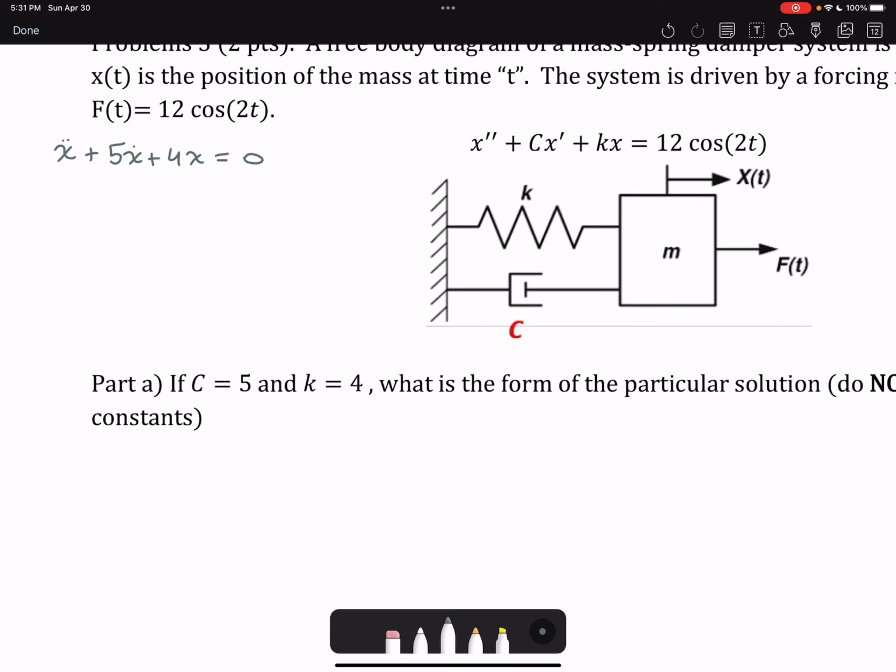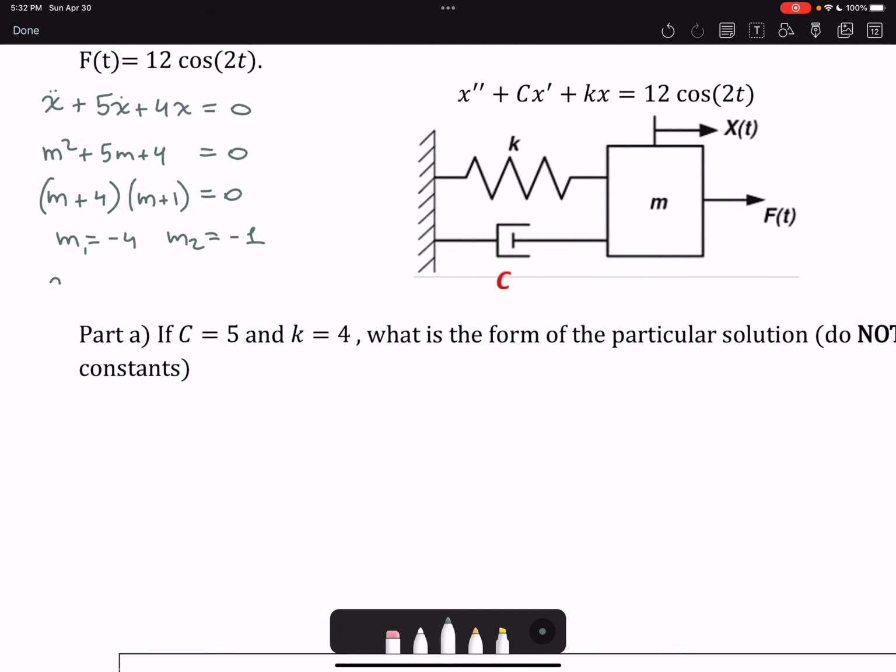So we solve the homogeneous. This is m squared plus 5m plus 4 equals 0. So we can say that m plus 4 times m plus 1 is equal to 0. So m1 is equal to -4, and m2 is equal to -1.